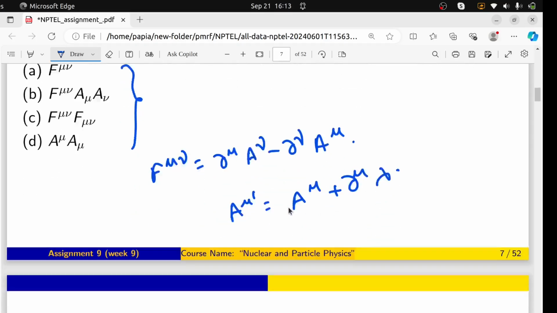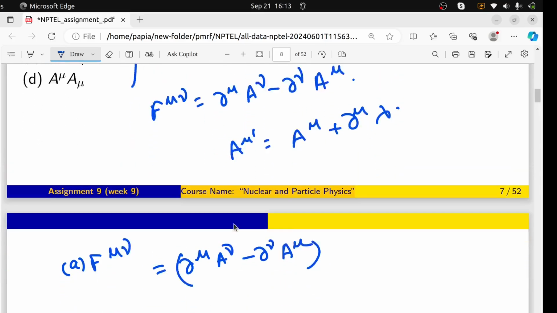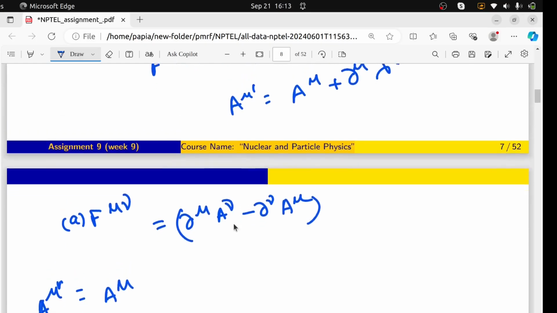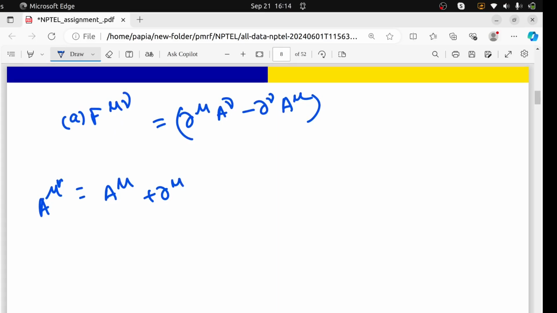So first of all, F mu nu, I can write it like del mu A nu minus del nu A mu, right? So that we can write. So if it is like that and A mu prime is like A mu plus del mu lambda, so F mu nu prime under the gauge transformation, I am first talking.